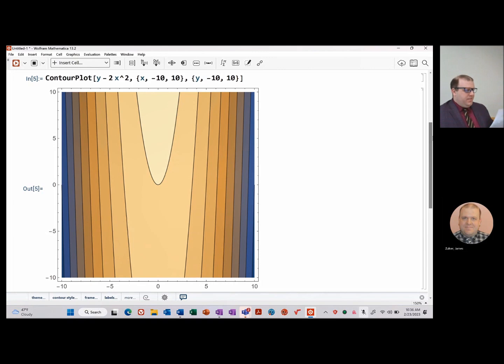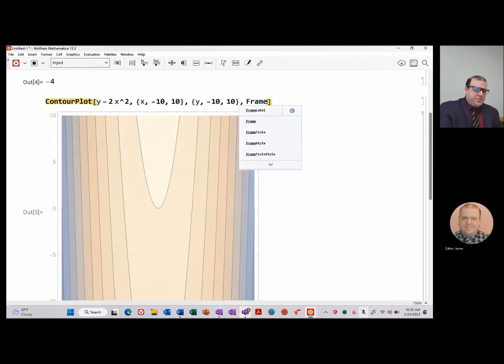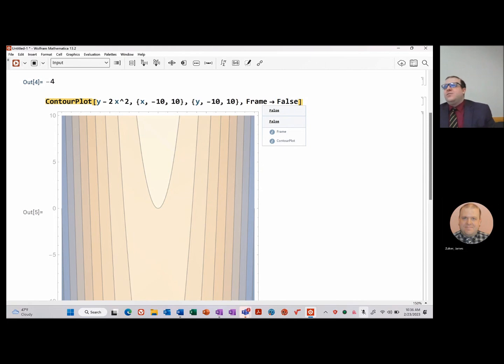Right, which to me isn't really useful. That's just some options. I don't like it being framed, so I'm going to turn the frames off, doing so without making any other adjustments.